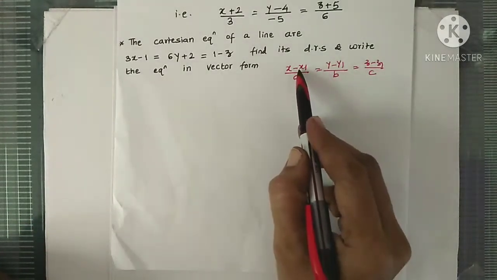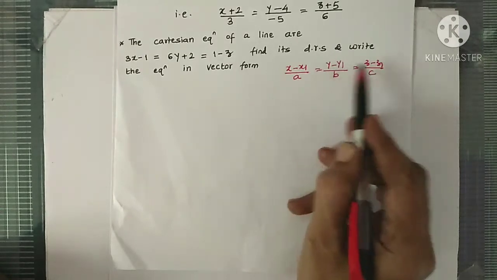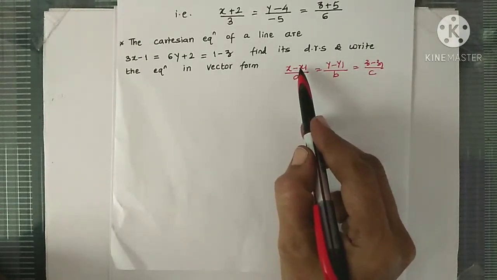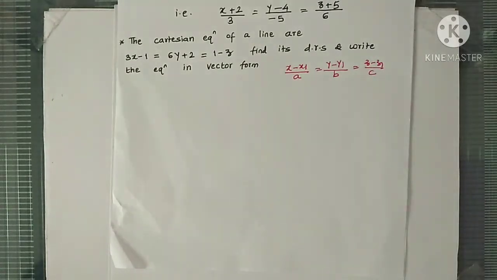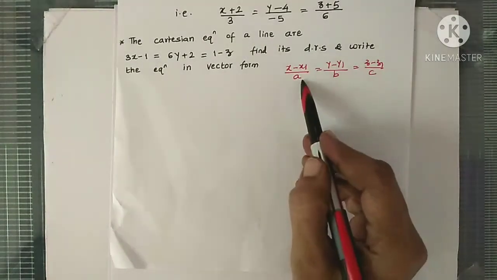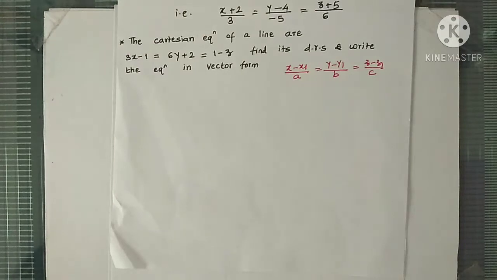See, we are changing the sign here. Here we have minus sign, but we are taking positive sign. So x1, y1, z1 is a point on the straight line, and the terms in the denominator are direction ratios of the straight line. So let's write the given equation in this form.